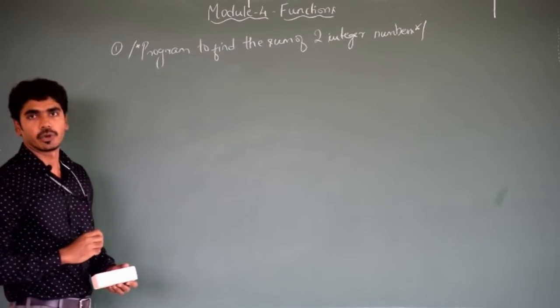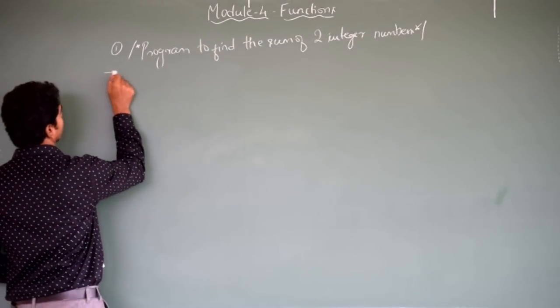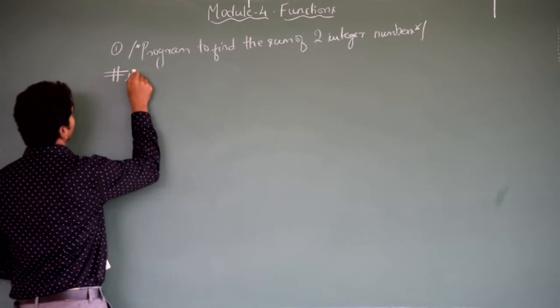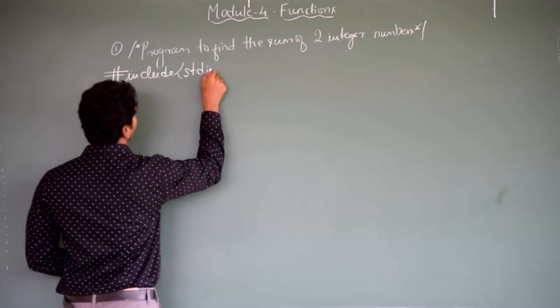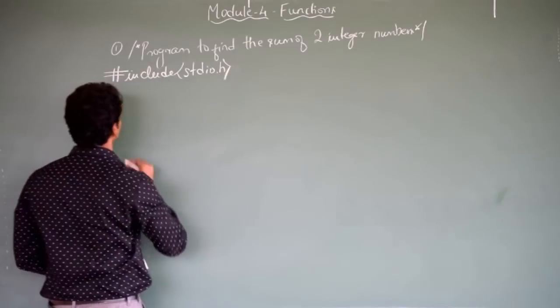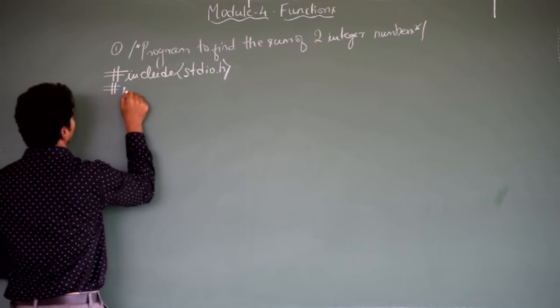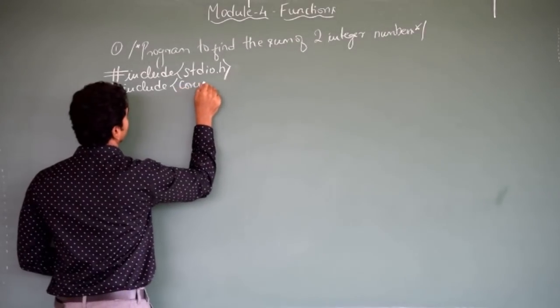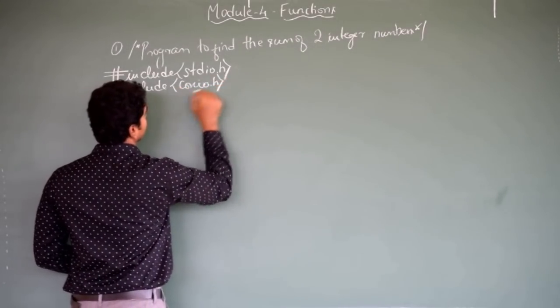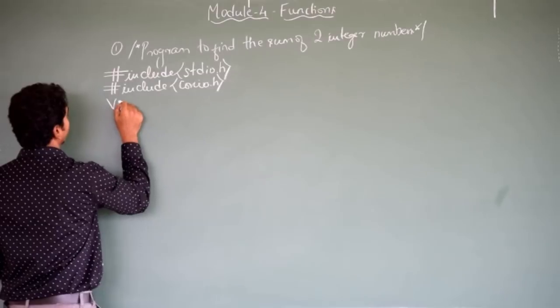So let me start writing the program here on the board. The first line is the header file #include <stdio.h>. The second header file is conio.h. Then we have the main function.